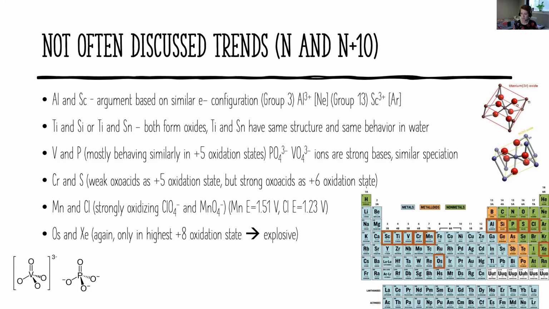And then we've got osmium and xenon. Xenon is the weird noble gas, and if you put osmium and xenon both in the highest oxidation state, they tend to be explosive in terms of their chemical reactivity.